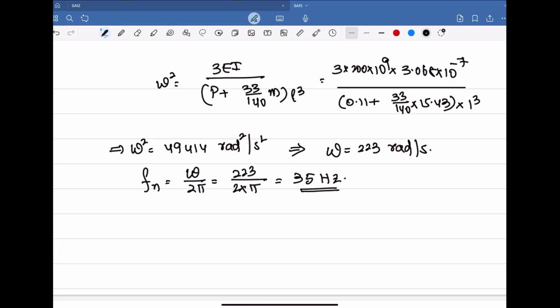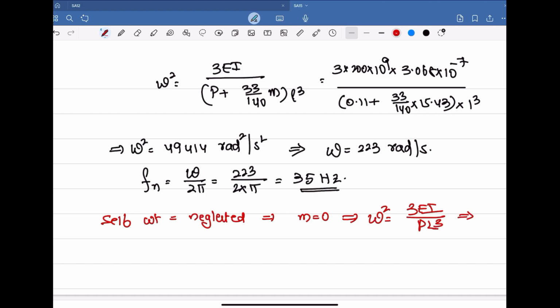For example, let us say if self weight is neglected, then what happens? M is treated as 0. That implies omega square is equal to 3EI by PL cube.